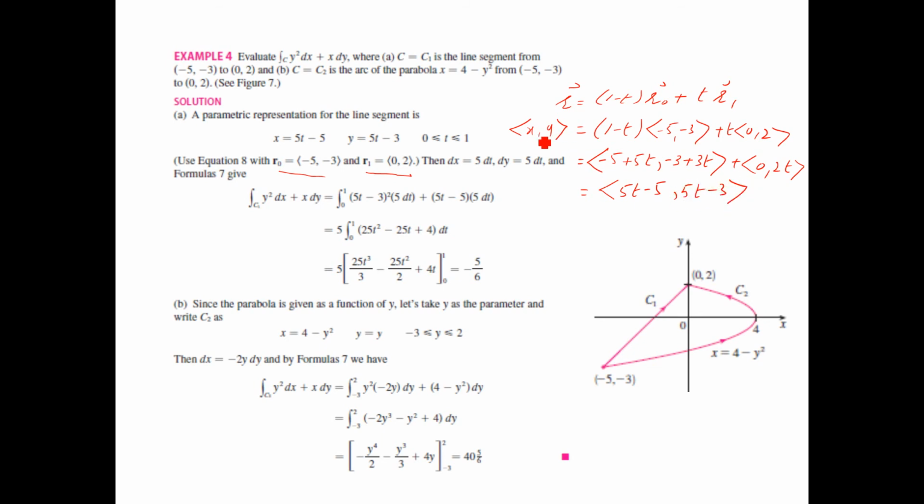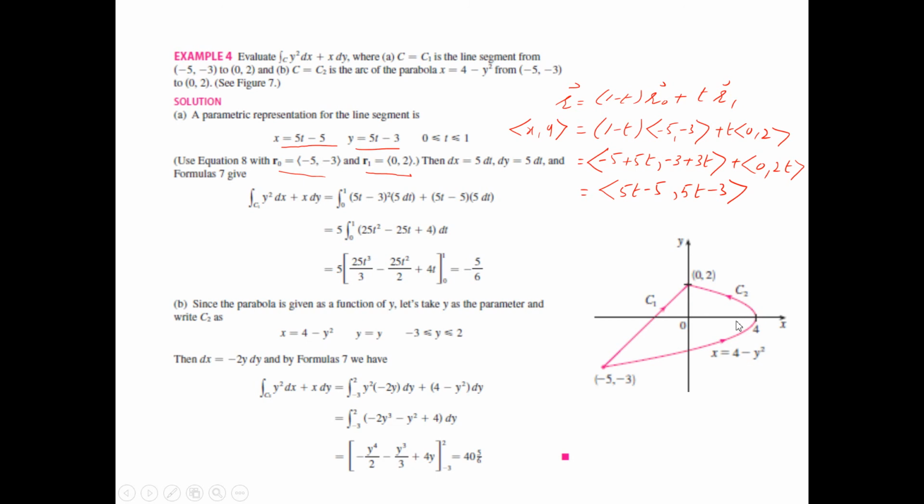Okay, so the x y vector is equal to this. That is why x is equal to 5t minus 5, y is equal to 5t minus 3. So this is the parametric equation of the line, where t lies between 0 and 1. So the limit for t is 0 to 1, and just plug in all the values and evaluate this single integral. We have the answer minus 5 over 6.